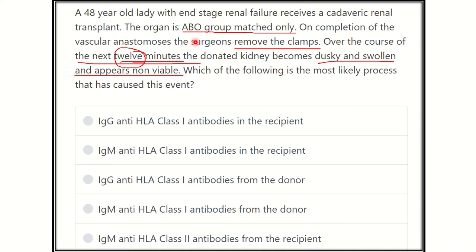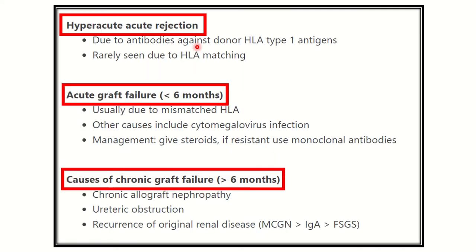So first of all we discuss rejection: hyperacute, acute and chronic rejection. Hyperacute rejection occurs during the operation. Acute rejection occurs within the first 6 months of the transplantation, and chronic rejection or chronic graft failure occurs after 6 months of the transplantation.